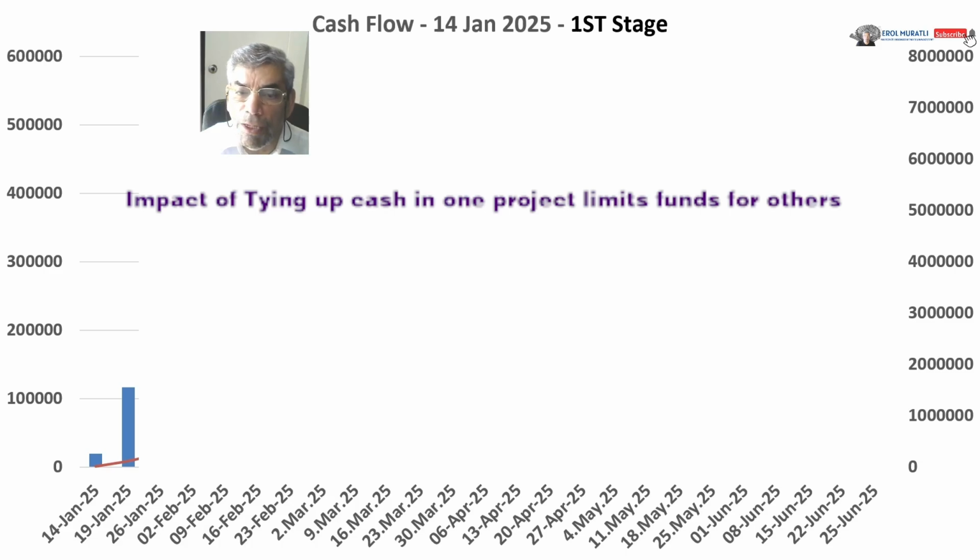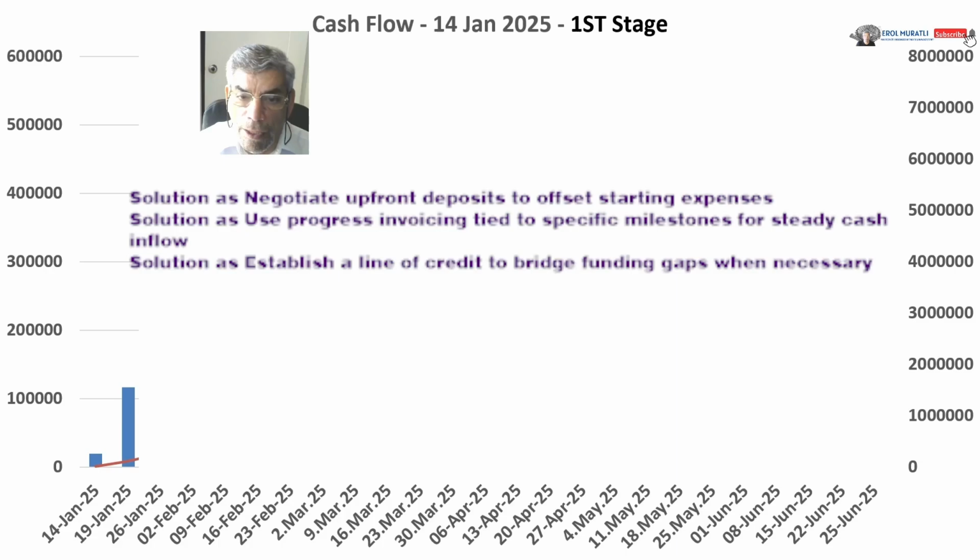This affects cash by tying it up in one project, which limits funds for others. The solution is to negotiate an upfront deposit to offset starting expenses, use progress invoicing tied to specific milestones for steady cash inflow, and establish a line of credit to bridge funding gaps when necessary.